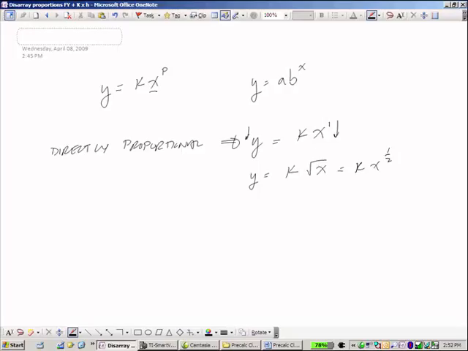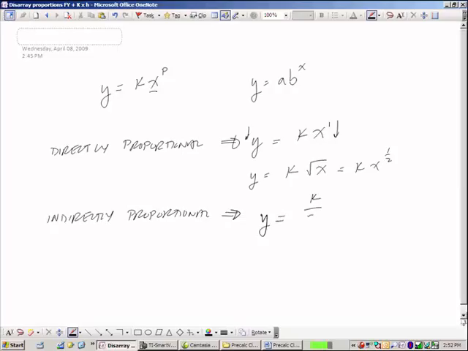Directly proportional, or directly proportional to the square of x. Indirectly proportional looks something like this. y equals k over x. And sometimes we call that inversely proportional.